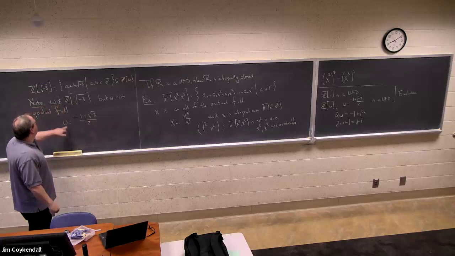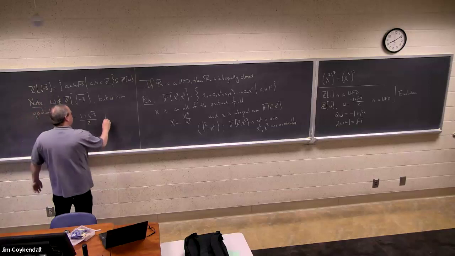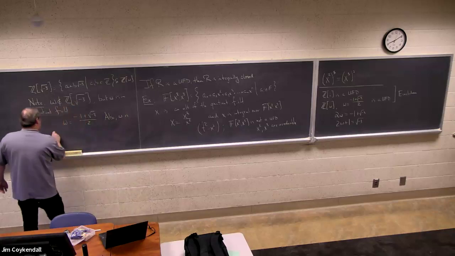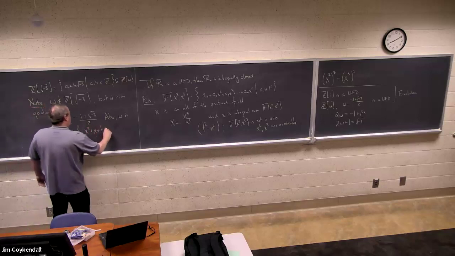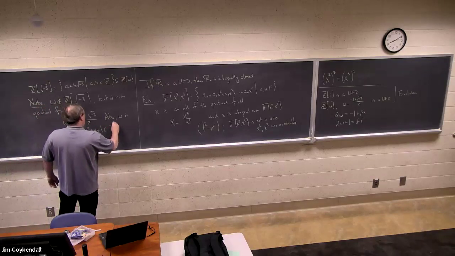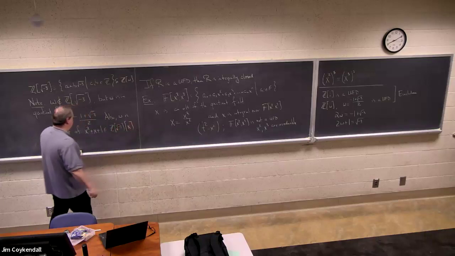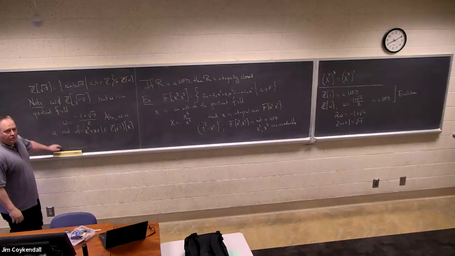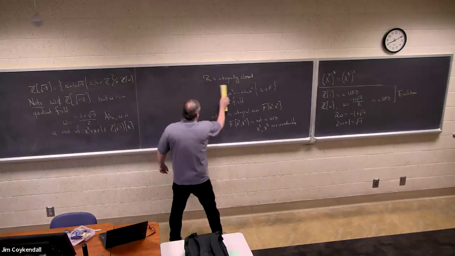So it's a quotient of two things that are both in this ring, right? Also, omega is a root of this polynomial. So there's no way that this can be a UFD.